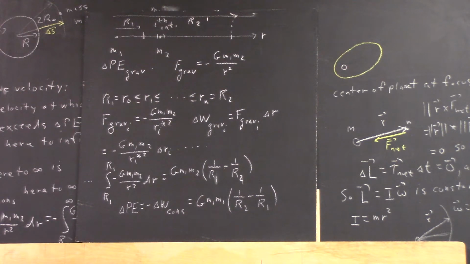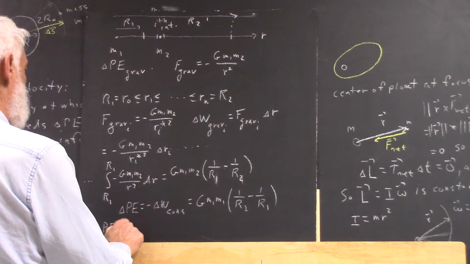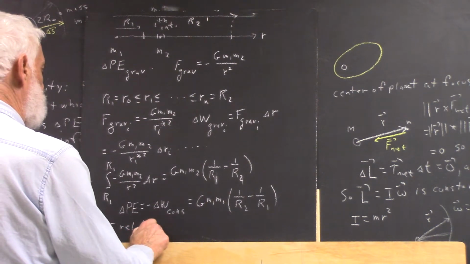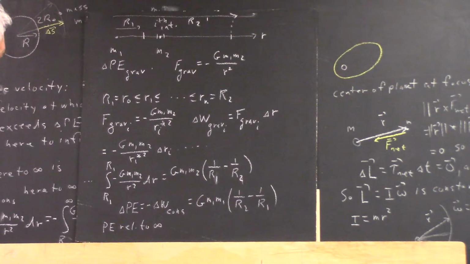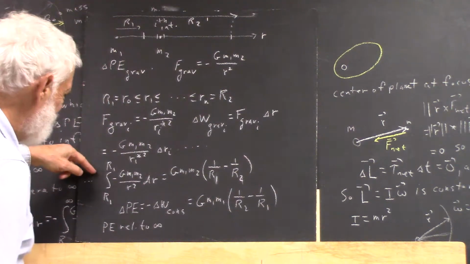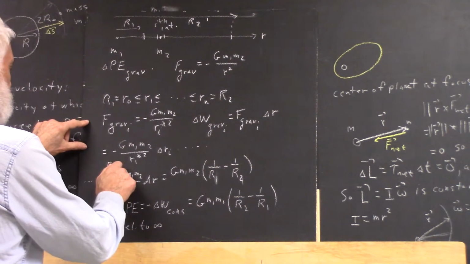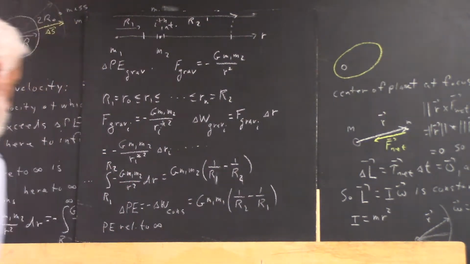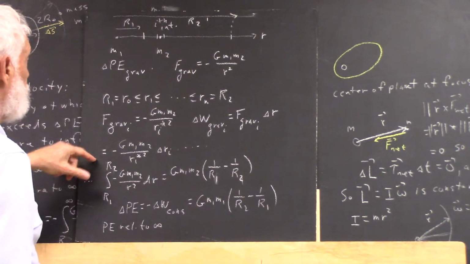And then the potential energy relative to infinity would be, and see what I did in the integral here? I hope I didn't mislead you there. We're integrating from R1 to R2. For potential energy relative to infinity, R2 would be infinity.